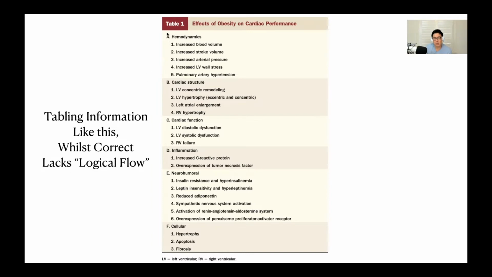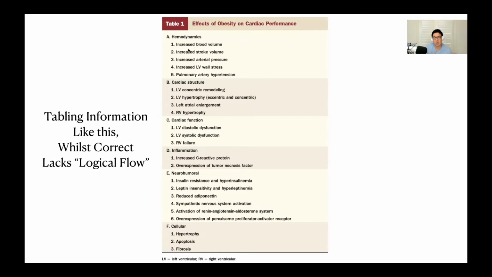This is what I think a lot of trainees do for their answer. They will just write down concepts, okay? What you want to show the examiner is a flow of concepts, a flow of ideas, in the way that you create your paragraph.